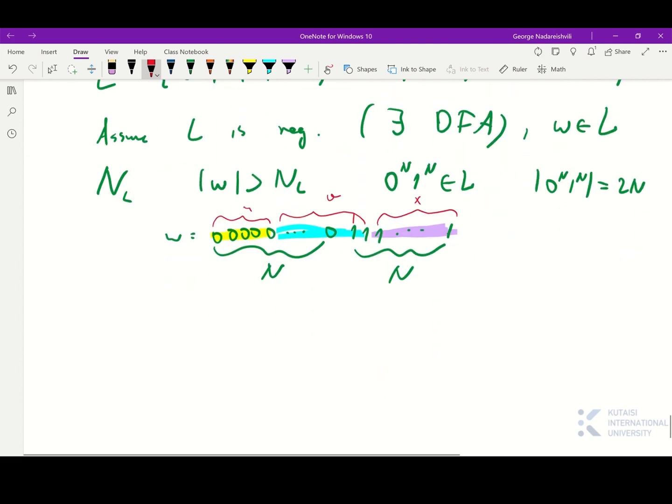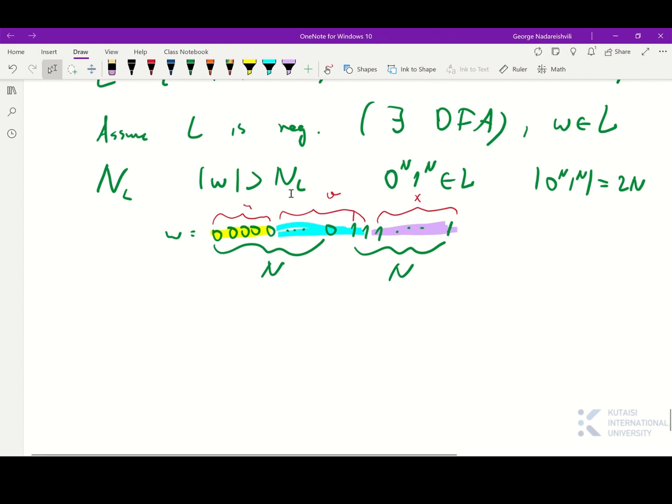And by the way, I do not know where U ends or where V begins, so I have to look at all possibilities. But what the pumping lemma tells me is that if w is in L, and I know w is in L because it's of this form, then if I double V, it should also be in L. So what happens if I double V here?